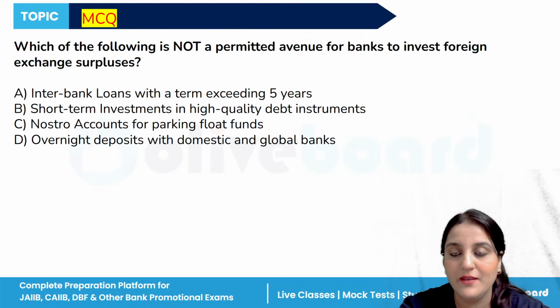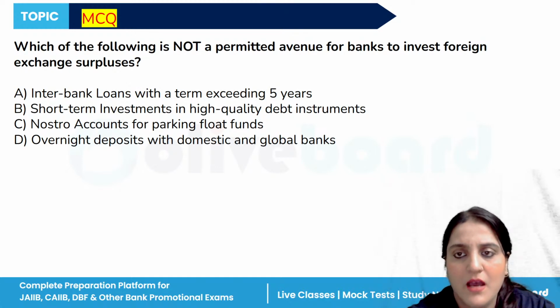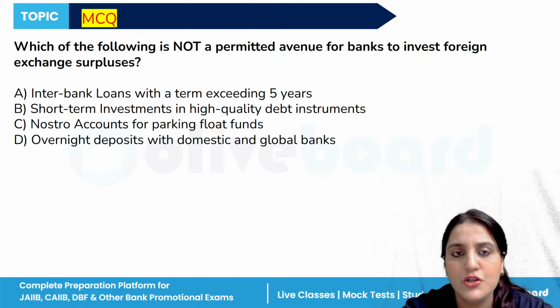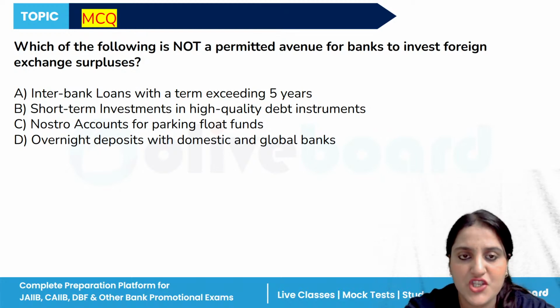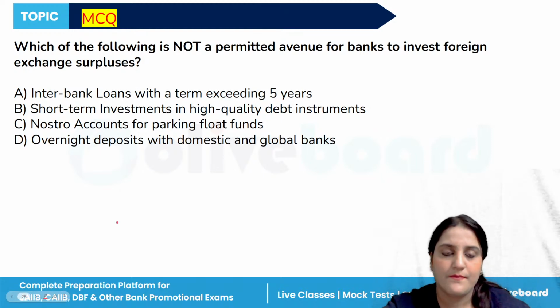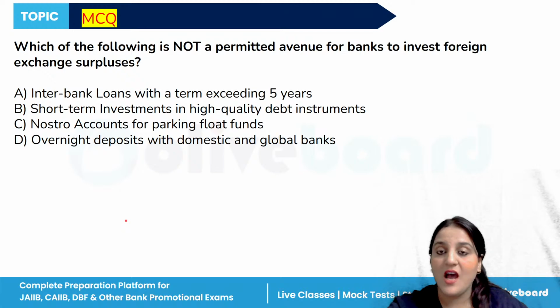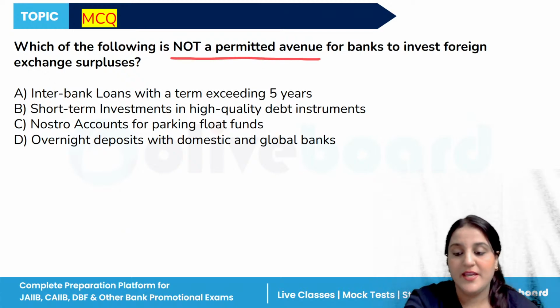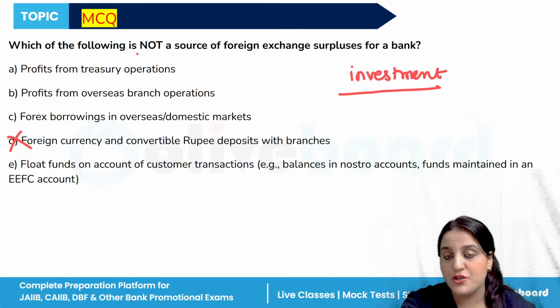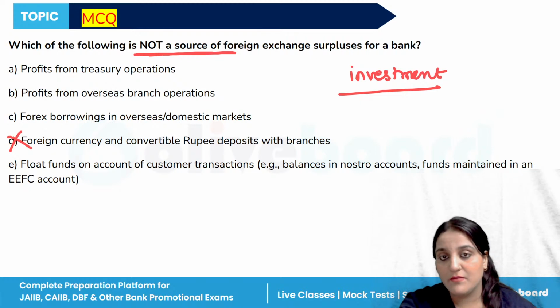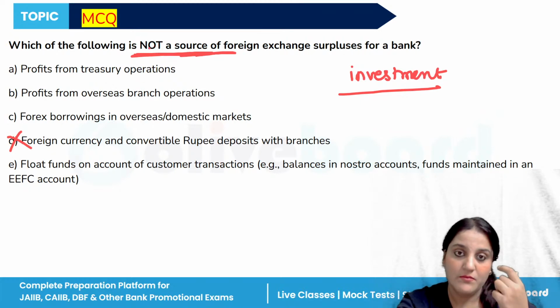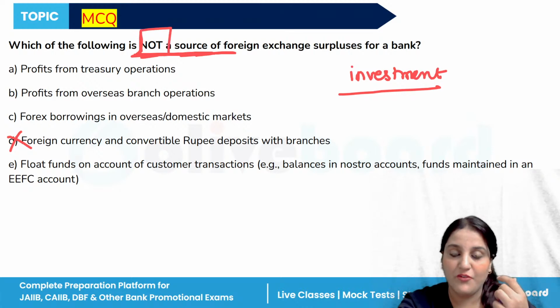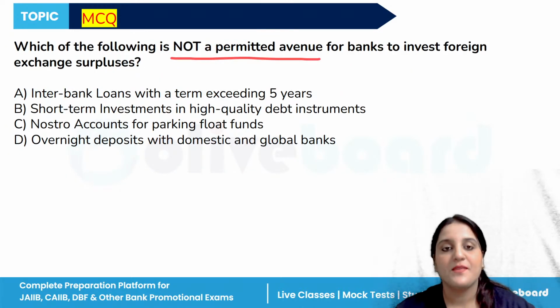Which of the following is not a permitted avenue for the banks to invest foreign exchange surpluses? In the last question, just read the question two times because I got confused in this question. I clearly did not focus on this word not, so that's why I am sharing my experience.